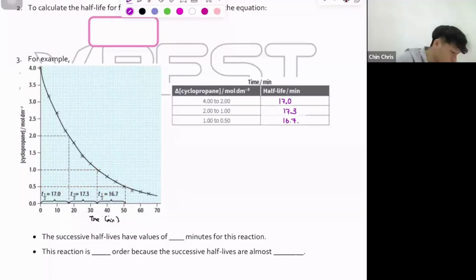That's how you identify your half-life. You see that the half-life is almost constant, approximately 17 minutes.